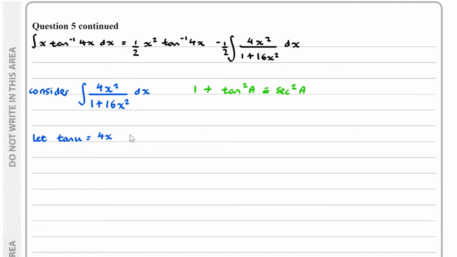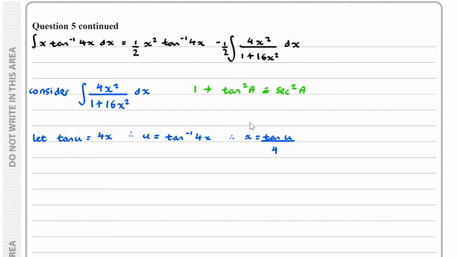So with this, what we can conclude is u is equal to the inverse tangent of 4x, and what we can also conclude is x is equal to the tangent of u over 4.